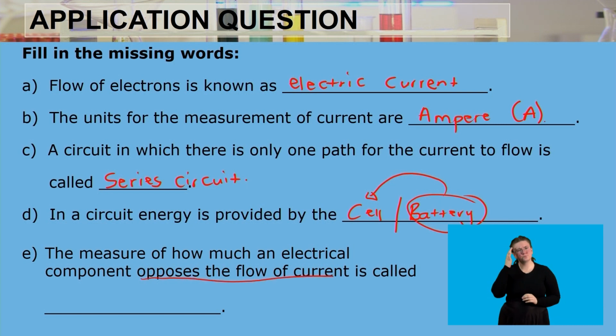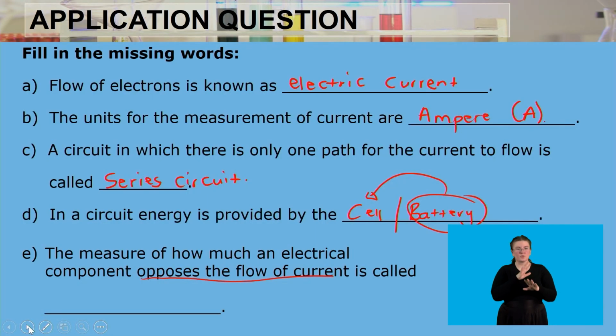We do know that current flows from one terminal to the other terminal, passing through the wires and then through the light bulbs. Now, those light bulbs are acting as our resistors. The function of a resistor is to resist the flow of current. So it does allow the current to pass through, but it doesn't make it easier for the current to pass through. So therefore, the measure of how much an electric component opposes the flow of current is called resistance.